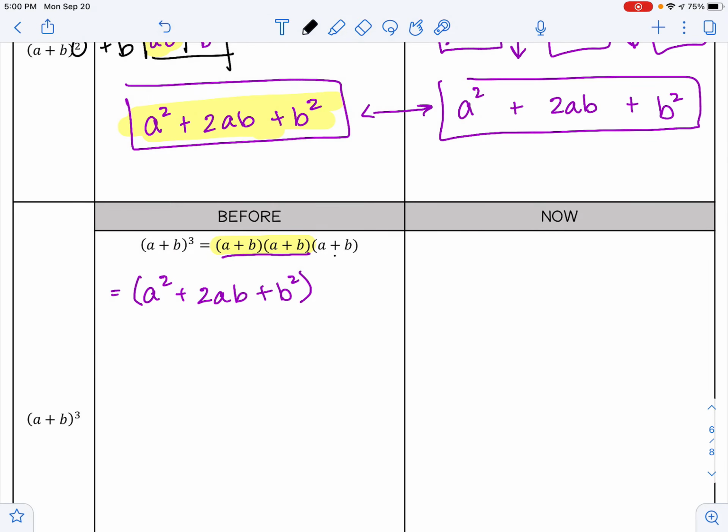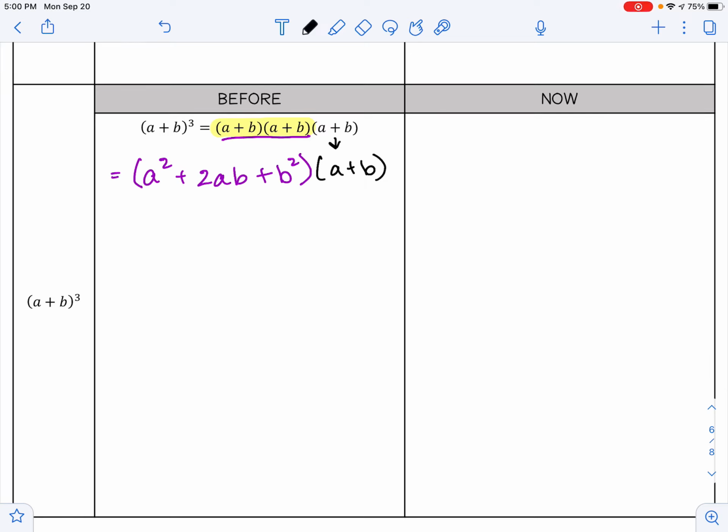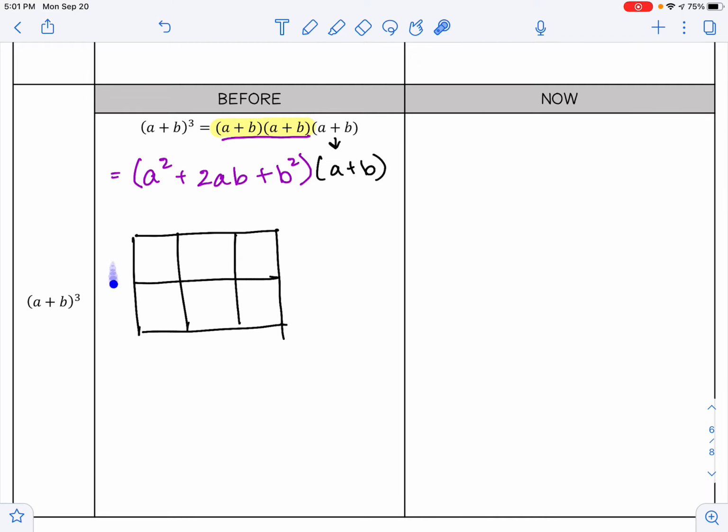So here I have a trinomial being multiplied by a binomial. So let's go ahead and multiply that out. I'm going to take my binomial and write it down the side that has 2, so A plus B. And I'm going to take my trinomial and write it across the top where there's 3, so A squared plus 2AB plus B squared.